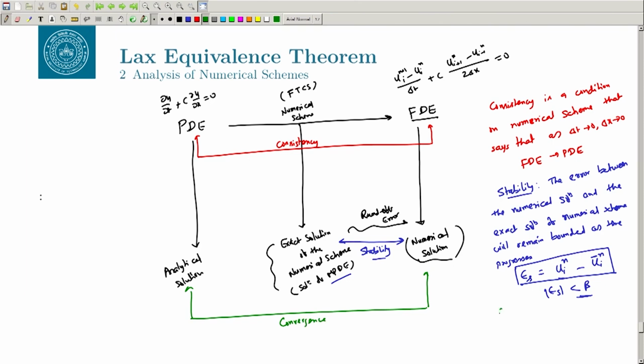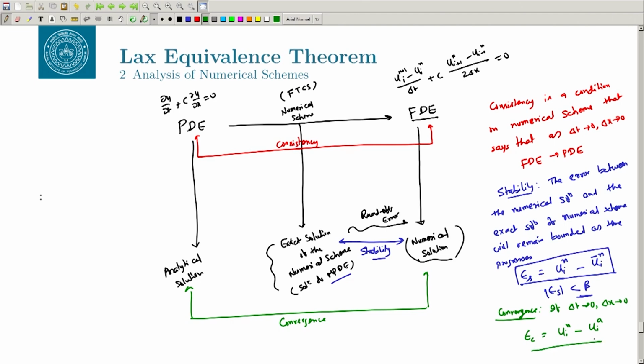So, what convergence says is that if delta t goes to 0 and delta x goes to 0, that means for very small time step and spatial step, your numerical solution, so if I write it as u I n minus analytical solution, let us call it u I a, and that I call epsilon c, which is the convergence, that goes to 0 as delta t goes to 0 and delta x goes to 0.